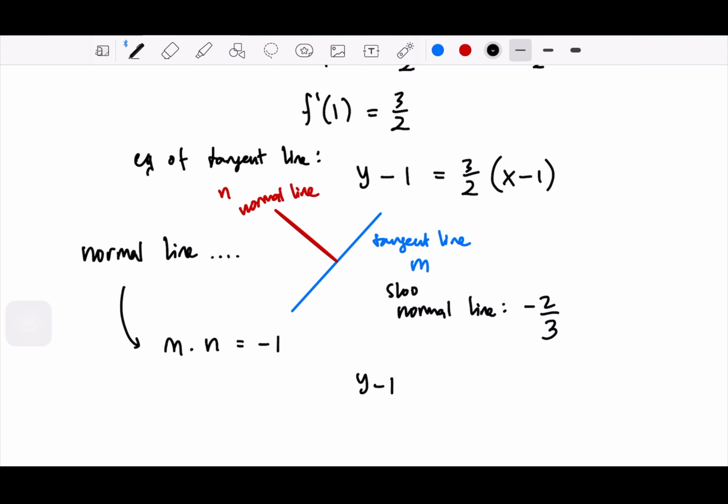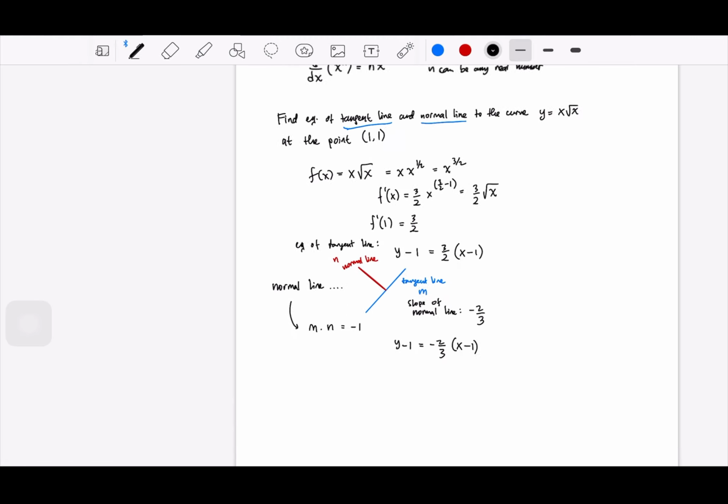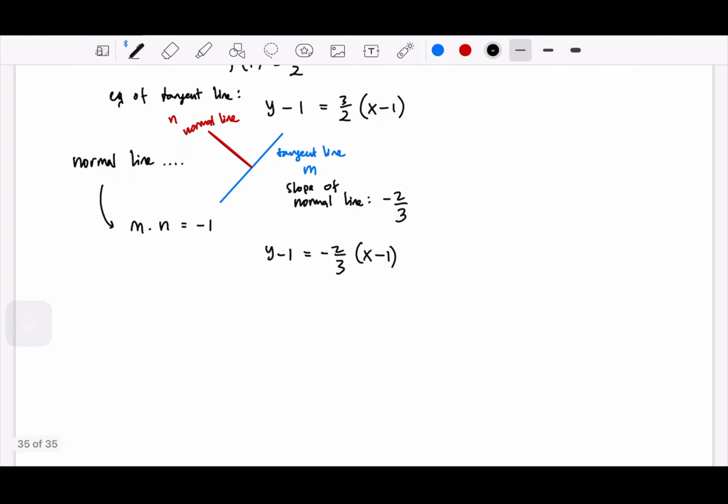So y minus 1 equals -2 over 3 times x minus 1. Okay, that's just a quick example.